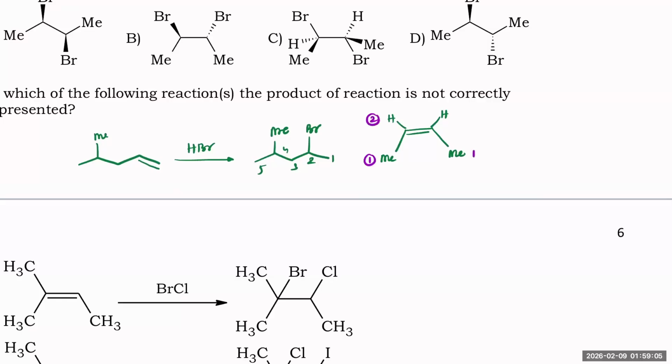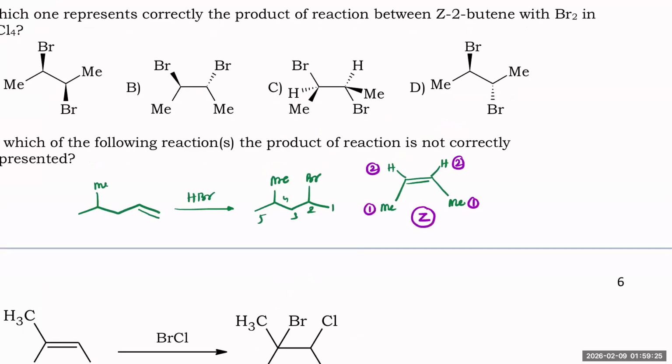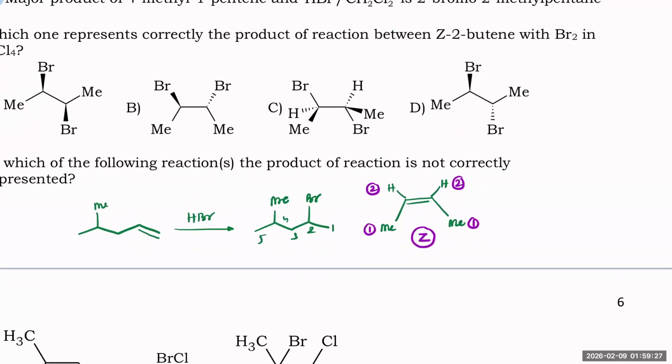Here also it is rank 1 and rank 2. If two high priority groups are on the same side, that is called Z isomer. If the high priority groups are on opposite sides, that is called E isomer. So what we are talking about is a Z isomer here.